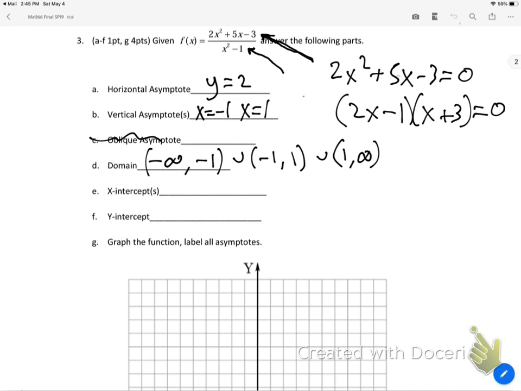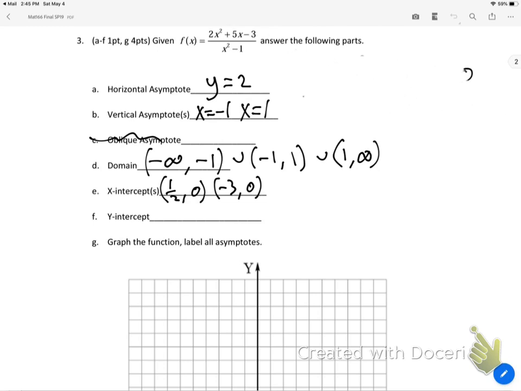So my zeros, my x-intercepts are positive 1/2 and looks like negative 3. Okay? And of course, looking for the y-intercept, we set all the x's equal to 0. If all the x's are equal to 0, I just have negative 3 over negative 1, which is positive 3. So that's all the information I need to graph, which I'll do over here.